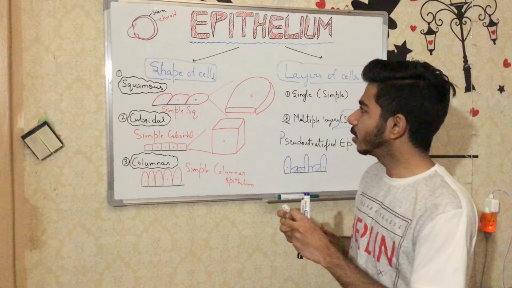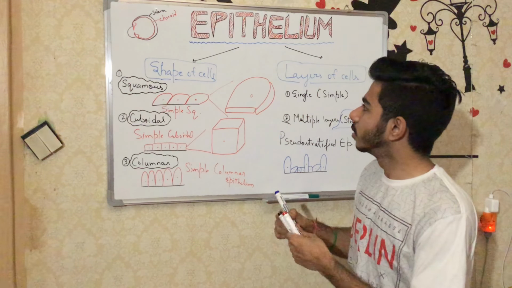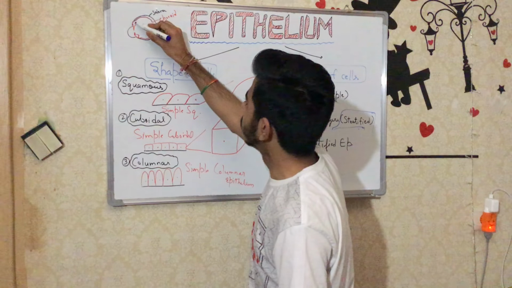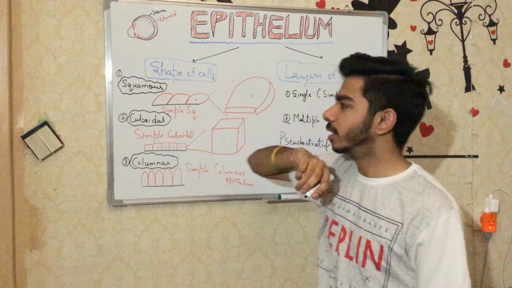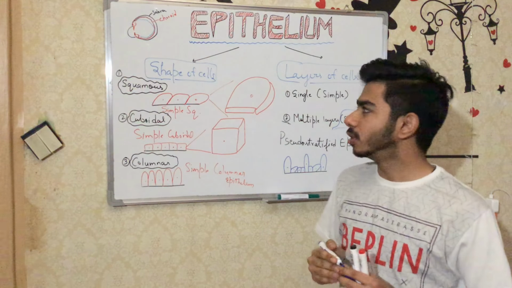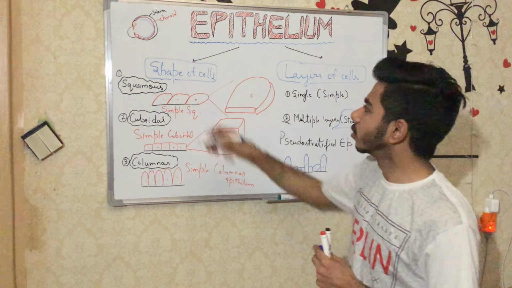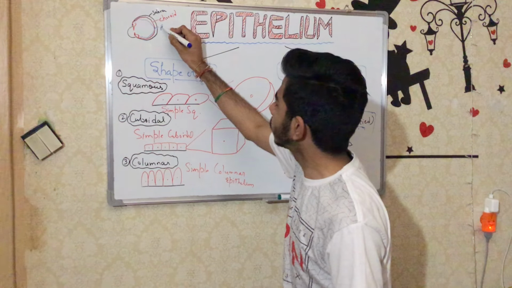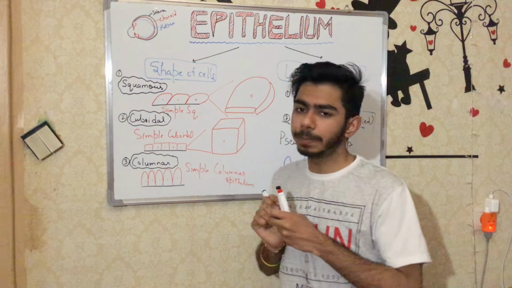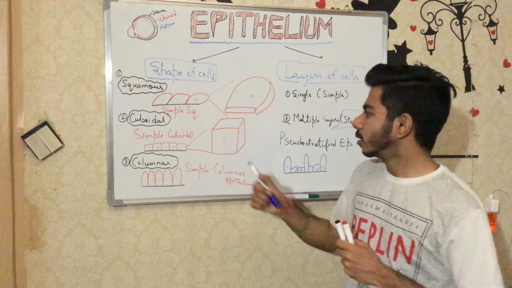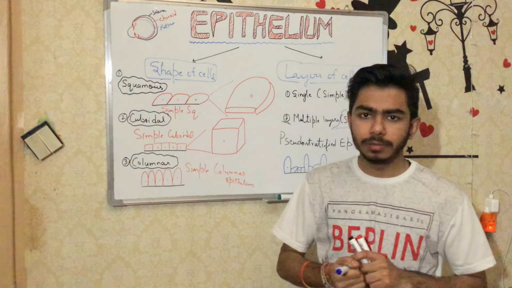Inside it we have one more layer, the retina, as you all know, on which the light reflects and our eye forms the image. The retina has multiple layers, but on the pigmented layer of the retina, simple cuboidal cells are found.